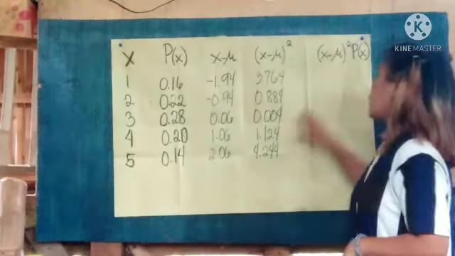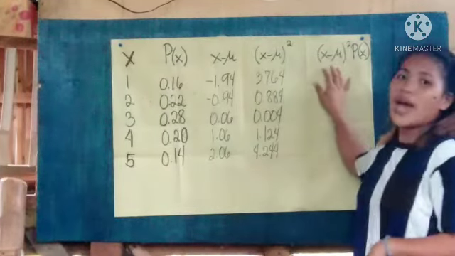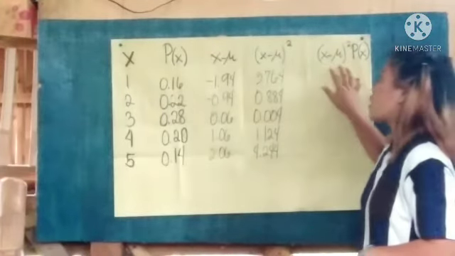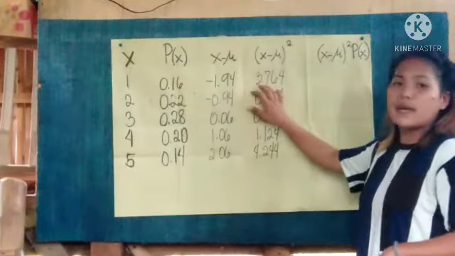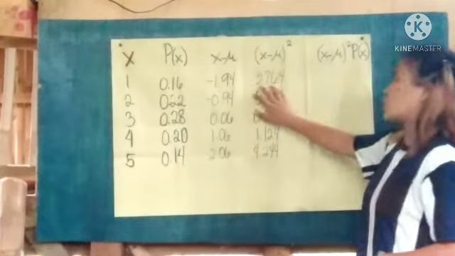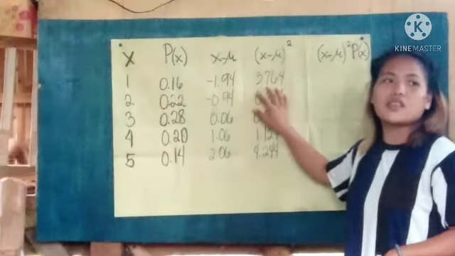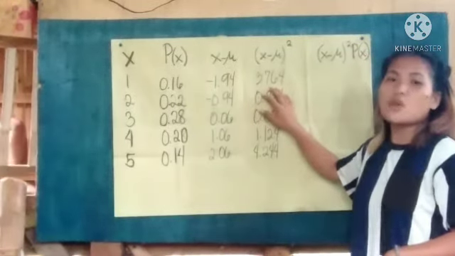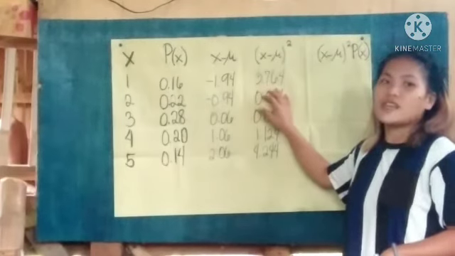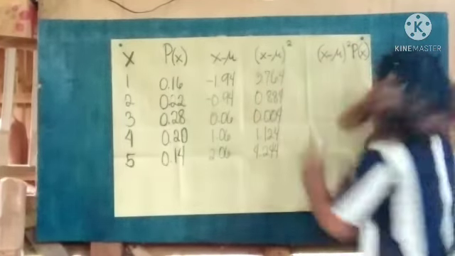So, let's proceed to x minus the mean squared times the probability of x. We have here x minus the mean squared. So, 3.764 times 0.16 is equal to 0.602.